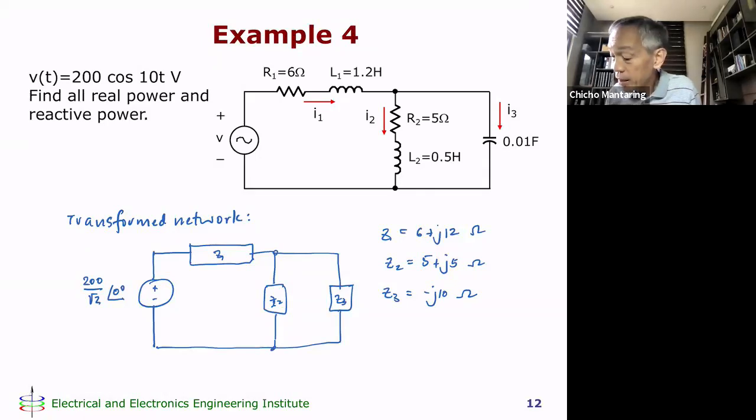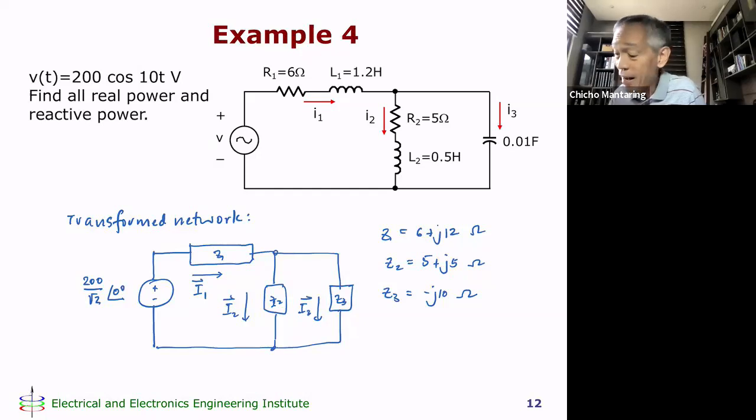Now what we want to compute is I1, I2, and I3. I'm going to give you the values already. How do you compute I1, I2, I3? This was actually an example we had earlier. I think we discussed several methods.